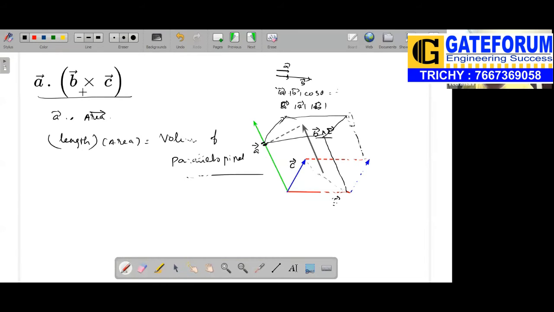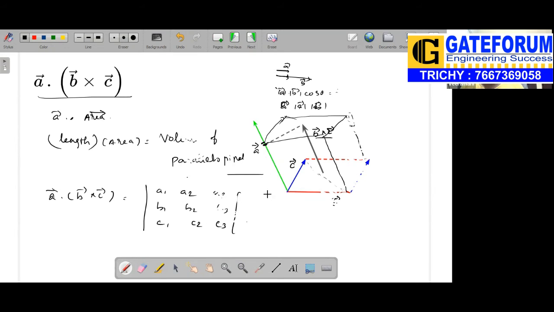So how to compute? We know how to compute B vector cross C vector, and we get one vector, and after that we need to do a dot product. But instead of having that much complexity, we can directly find this easily by taking the vectors a1, a2, a3, b1, b2, b3, c1, c2, c3.